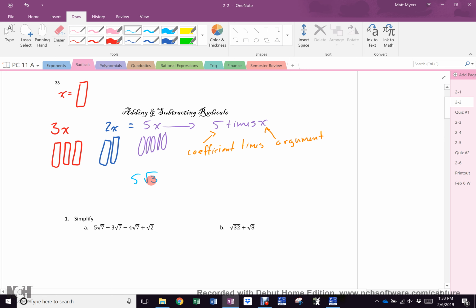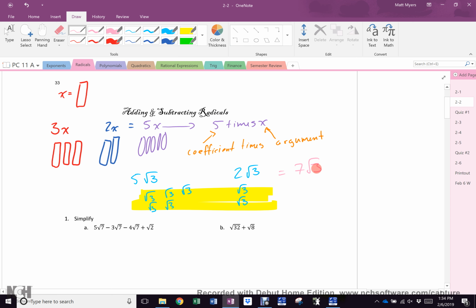And I would have to draw this root 3 5 times. Do we agree? Now, if I also had 2 root 3, how many times would I have to draw root 3 over here? Twice. Giving me a total of how many root 3s? 7.